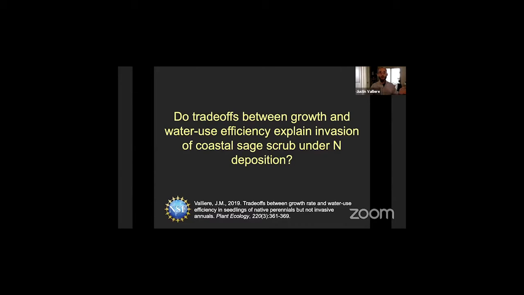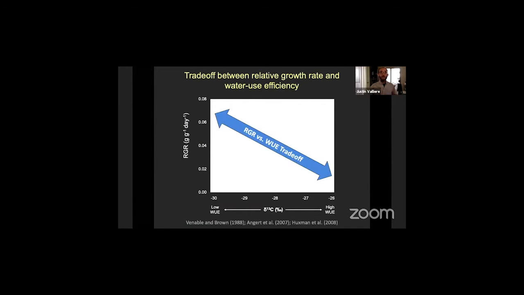That work with the water use efficiency suggested to us that there might be trade-offs between growth and water use that differ in native coastal sage scrub species and invasive non-natives. Typically we expect there to be a trade-off in these traits if we look at water use efficiency on the x-axis and growth rate on the y-axis. So plants that grow fast are less conservative with their water and vice versa.